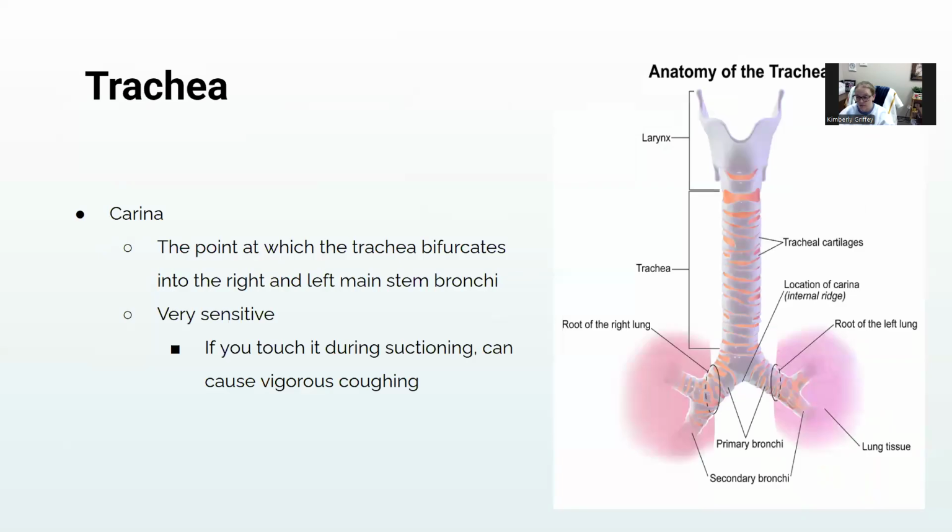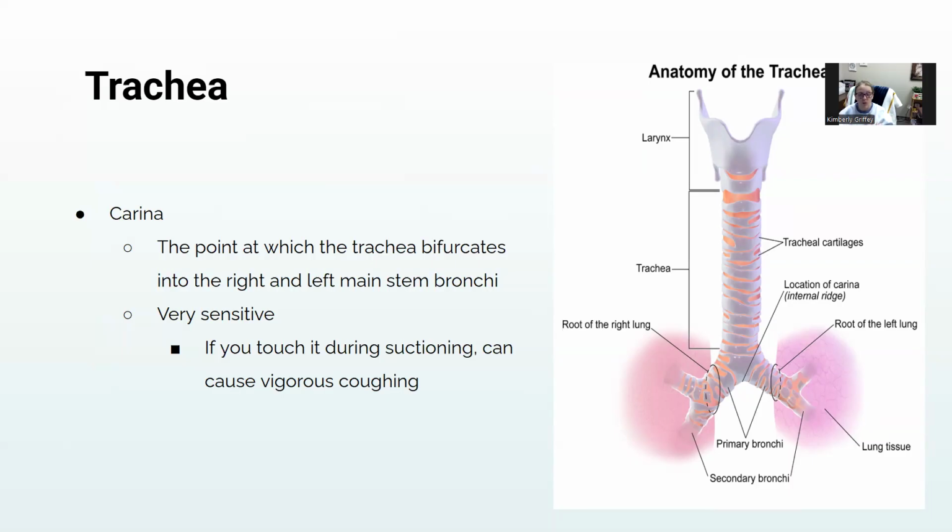The trachea, so once you get through the trachea and down to the lungs, you have the carina. Do you remember in nursing one when we talked about doing a tracheal suctioning, how if you go too far, they'll start to cough? Well, the carina is very sensitive, and so if you get close to it, or if you're suctioning and your tube hits it, you can cause a bronchospasm.